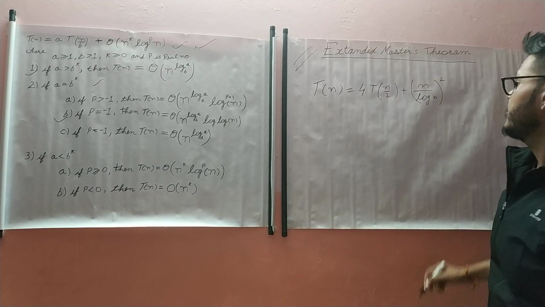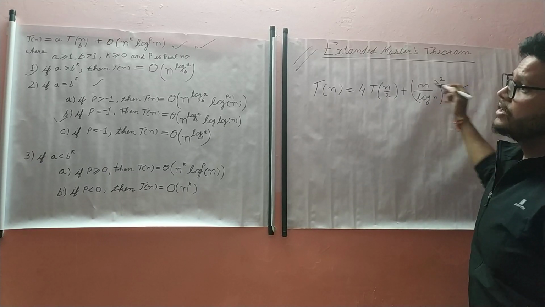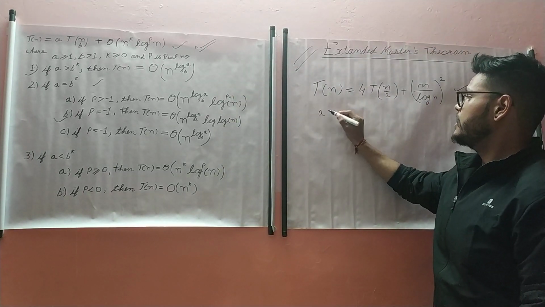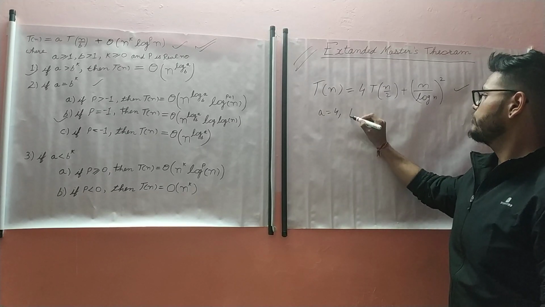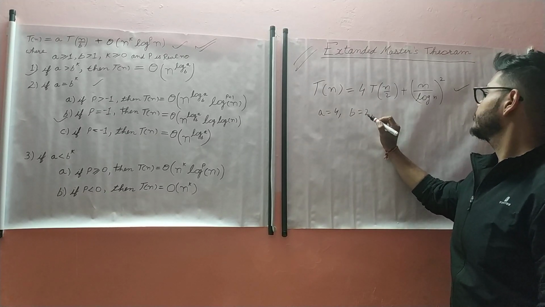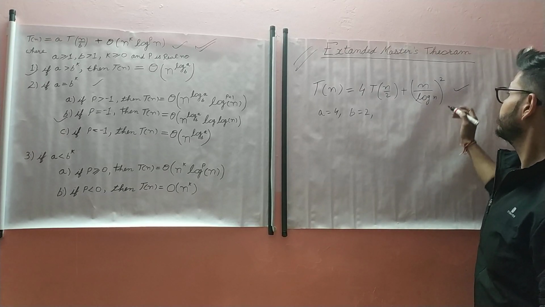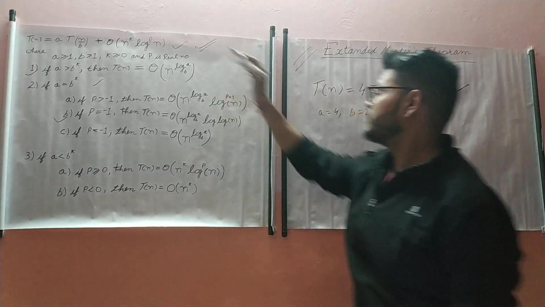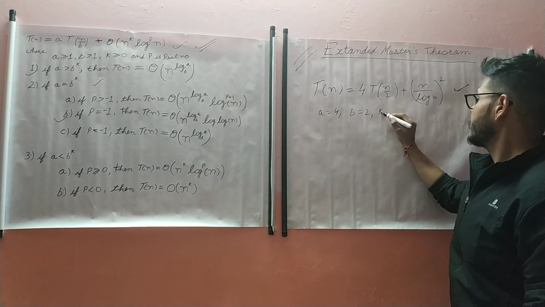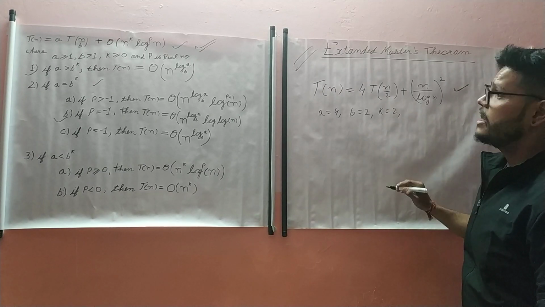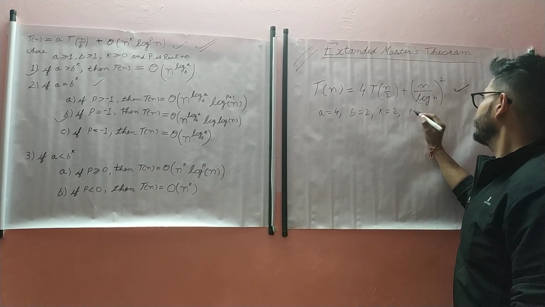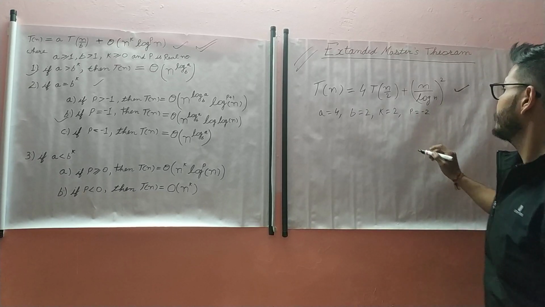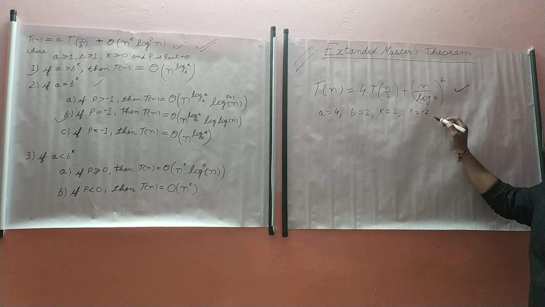Now again we compare this recurrence relation with the form. a = 4, b = 2, and by comparing, k = 2 and p = -2. Why do we write p = -2?